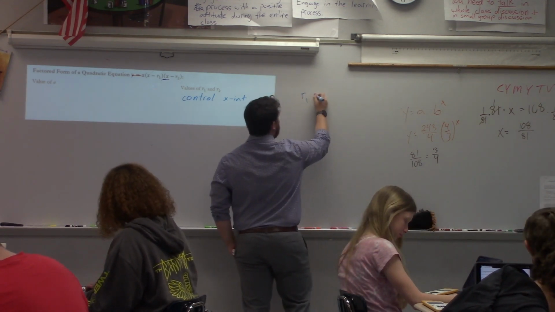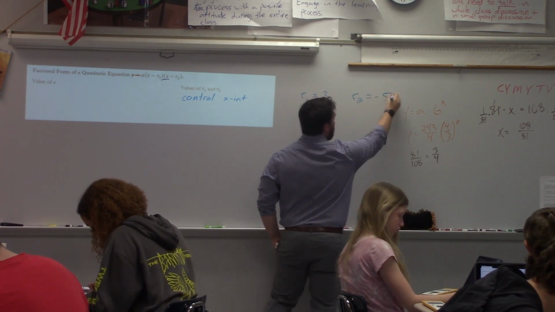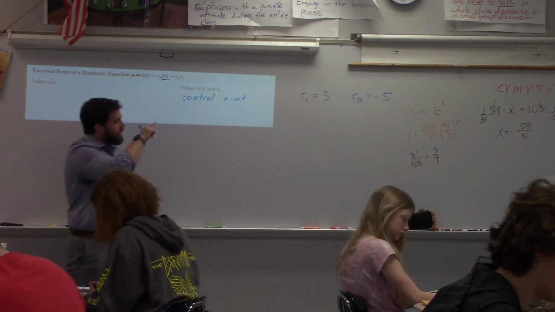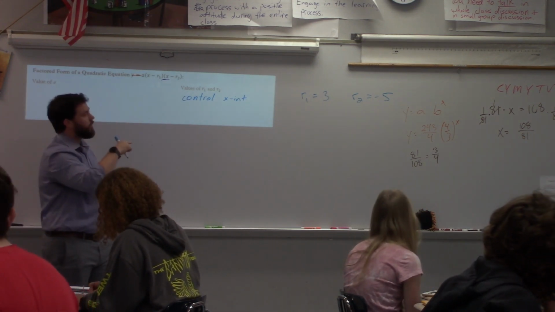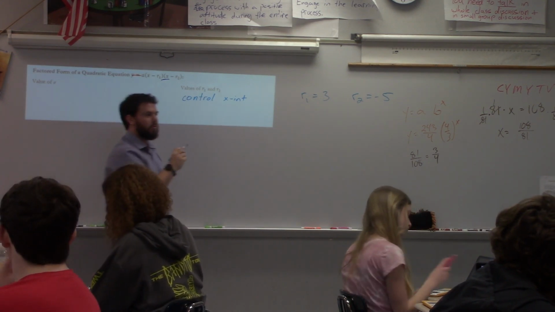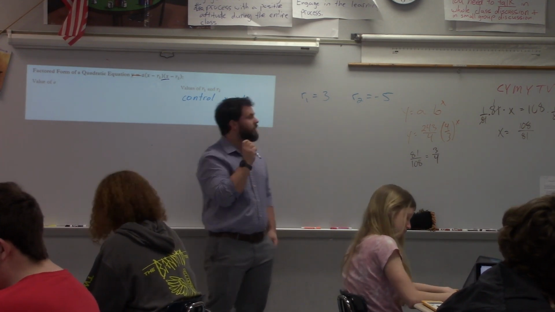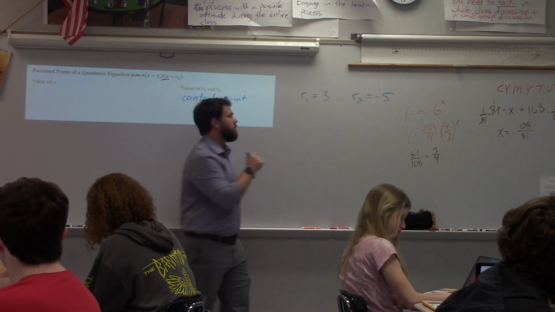So if I had R1 equals 3 and R2 equals -5, hey guys, we don't need to write this part that I have over to the side down yet, but I just want us to see this. If R1 is 3 and R2 is -5, what would my x-intercepts be? What would the x-intercepts be if I have these two R values?